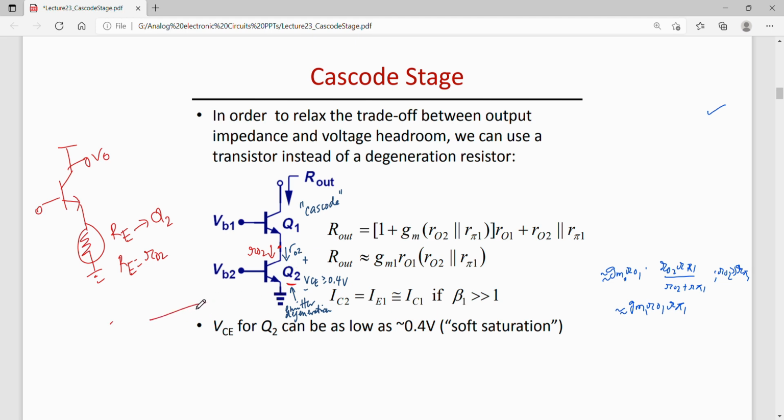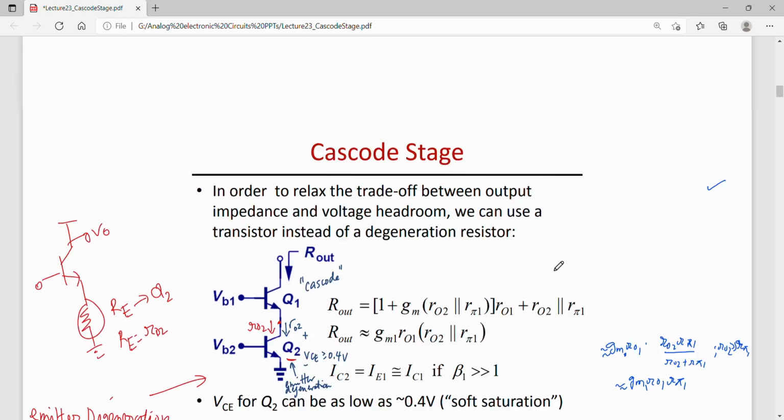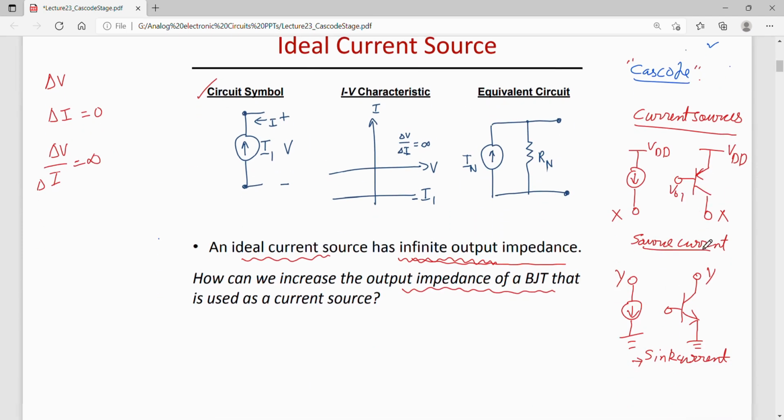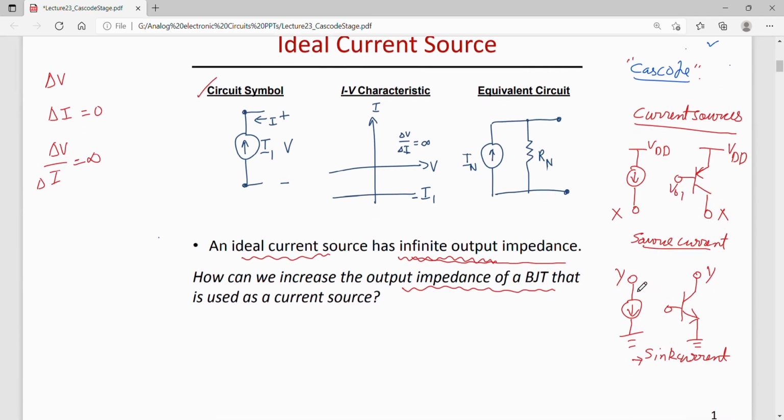The job of this Q2 is to provide emitter degeneration, and it also acts as a current source. We had already discussed in the previous slide that if I want to sink the current from node Y to ground, I can use an NMOS or an NPN BJT.